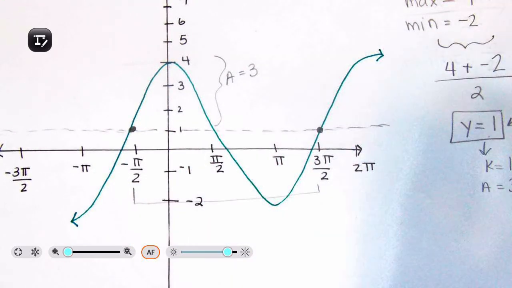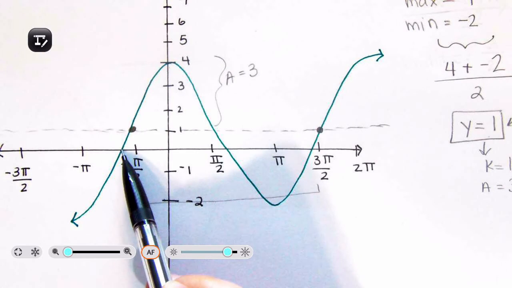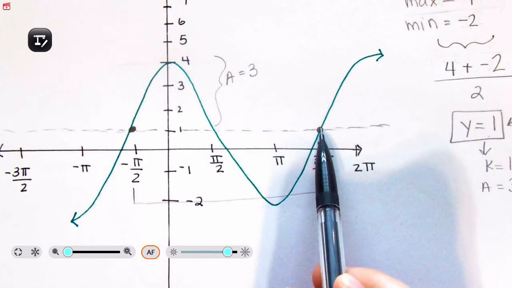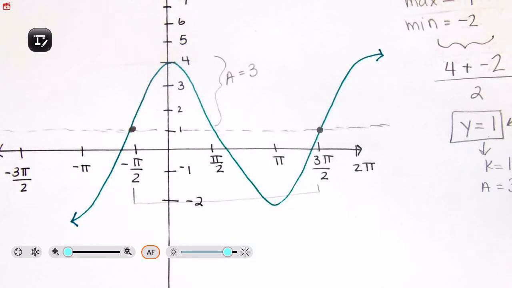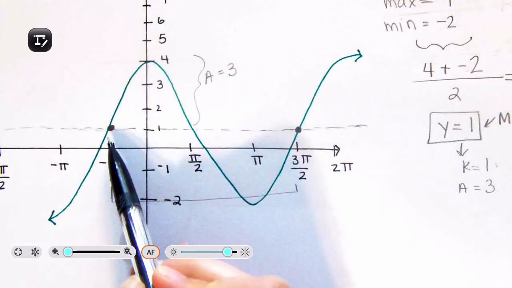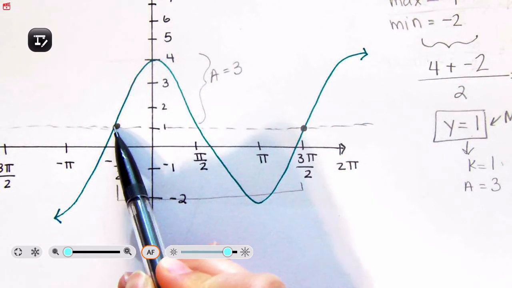Now, I want to back up just a little bit. The reason I didn't start on my x-axis is because the characteristic of a sine wave is that it starts and ends on your midline. So, because your midline is at 1, that means you have a vertical shift of positive 1. So you have to identify your starting and ending on your midline.